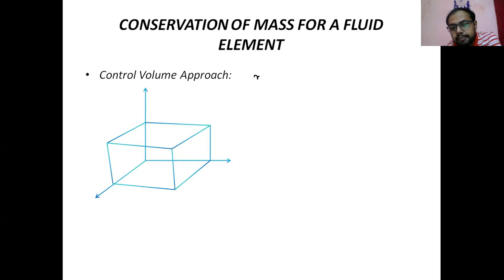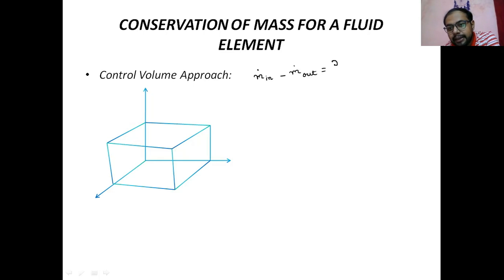Whatever mass is coming inside the control volume, the rate of mass flow, how much mass flow is coming inside minus how much mass is going outside. If it is equal, we can say it is a steady state condition. If it is not equal, it means some mass accumulation or reduction is happening inside.